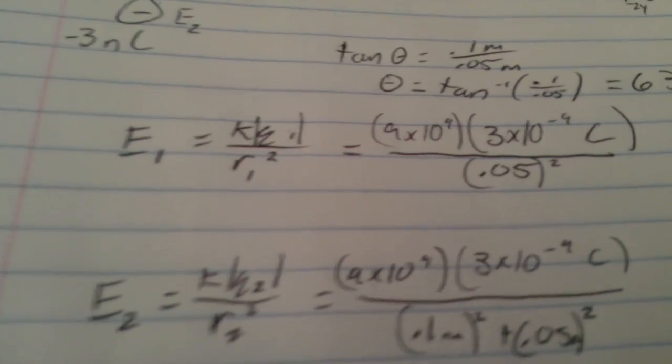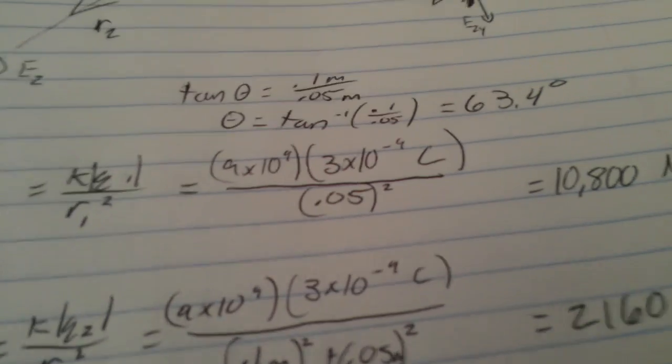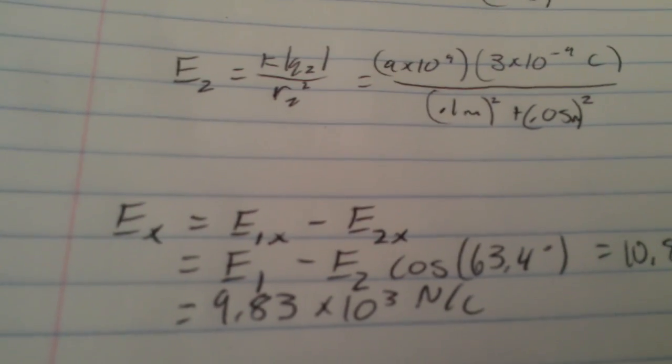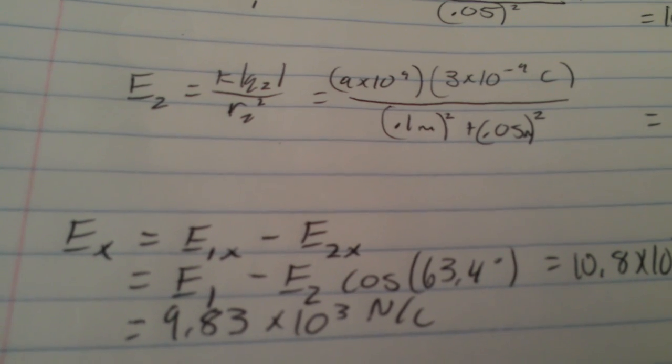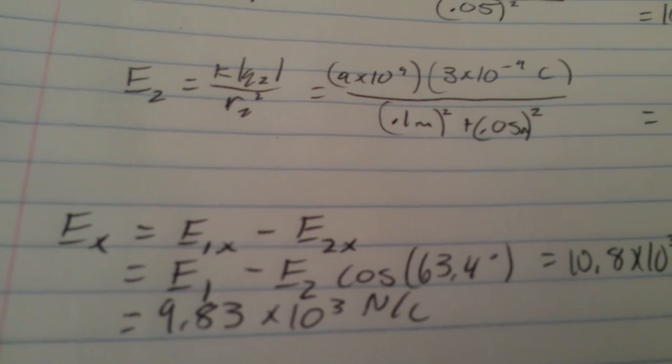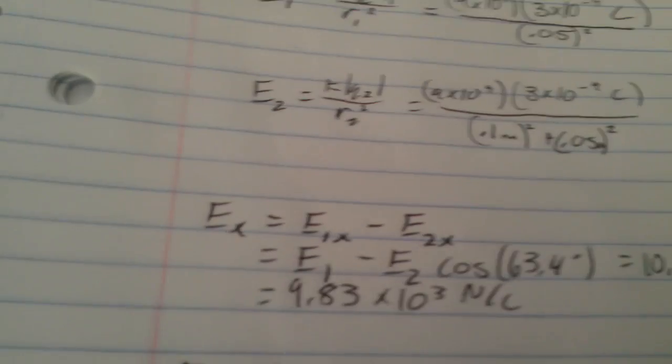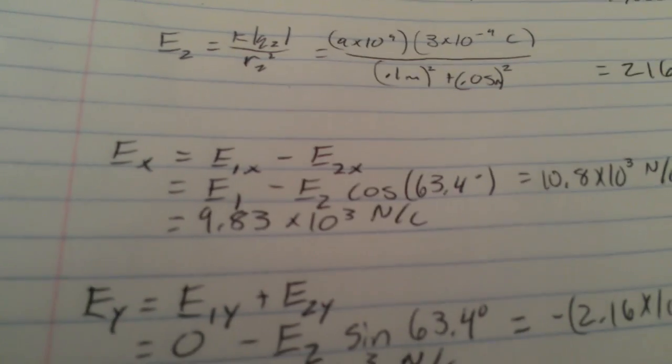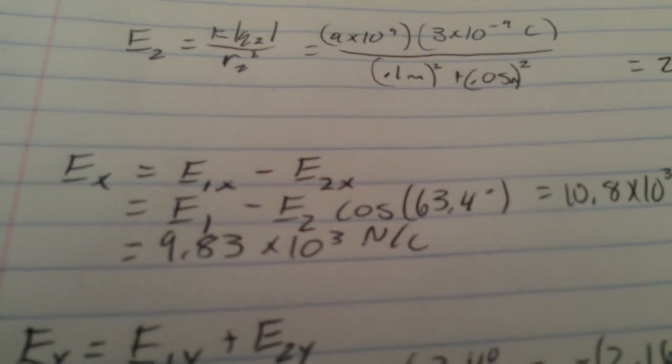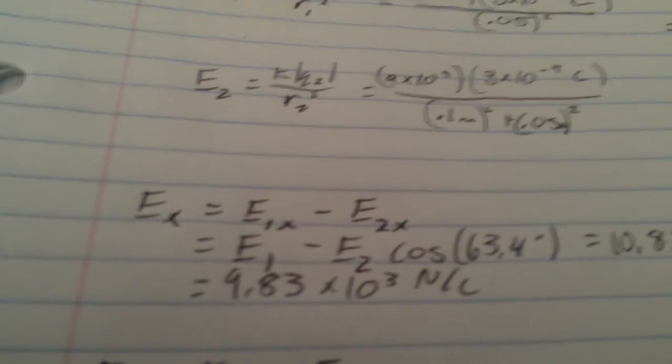So we have our E1 and E2, and we can go ahead and put this in x and y components to find the resultant magnitude, just one step closer. In the x direction, we're going to do E1x minus E2x, and since they are pointing in different directions, that's why the minus sign is there, because E2 is from the negative charge and it'll be the opposite way of the positive charge.